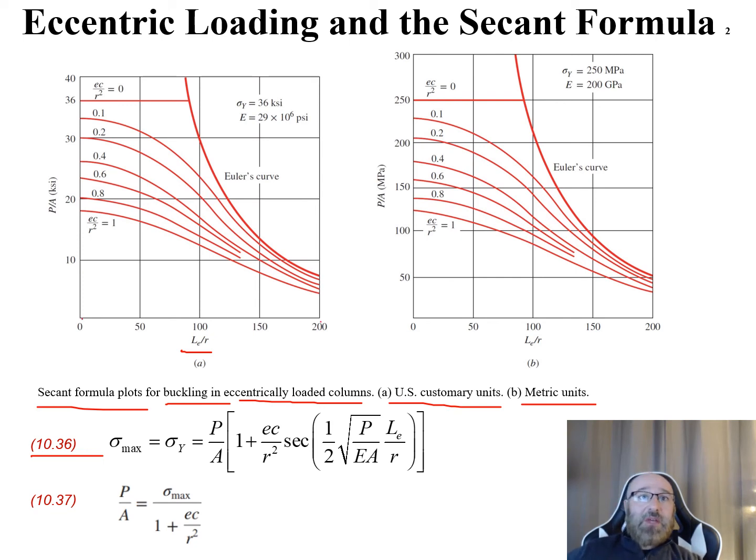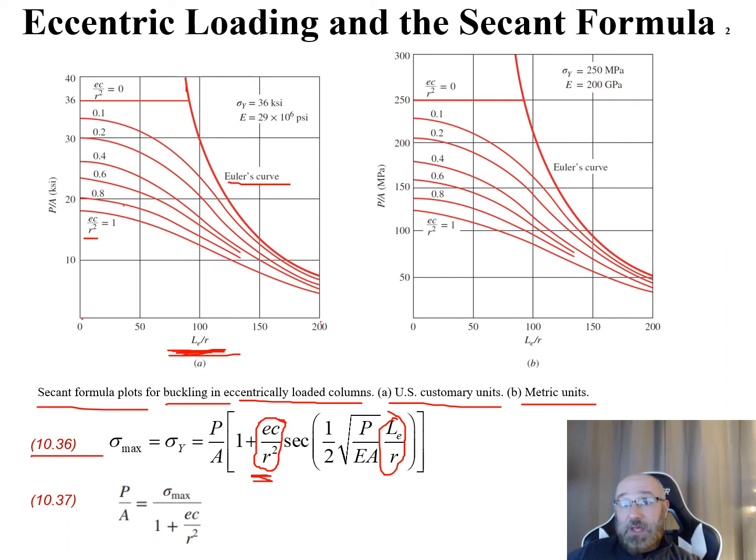Each of these curves represents a value of the ratio EC over R squared, from 1, 0.8, all the way up to 0 for the top curve. Our slenderness ratio value is down here on the x-axis.